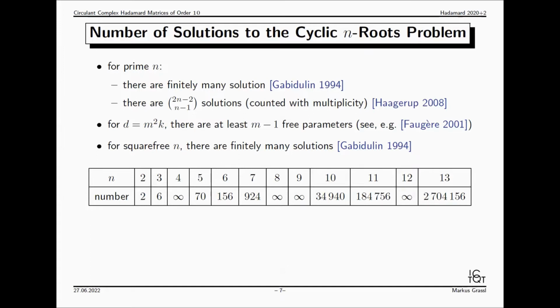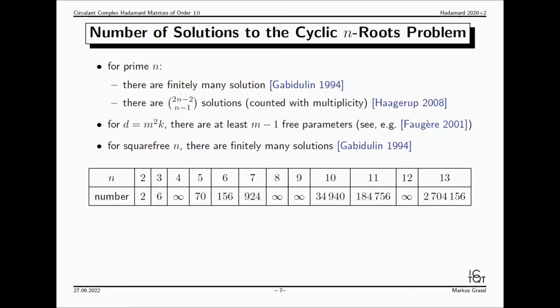But then in a later paper by Björck and Haagerup, for prime dimensions, we have this central binomial coefficient, which gives us the number of solutions for this system of equations. And that will actually include solutions which are not on the unit circle. Clearly, we have excluded the zeros, but still we have additional solutions which are not solutions to our original problem.